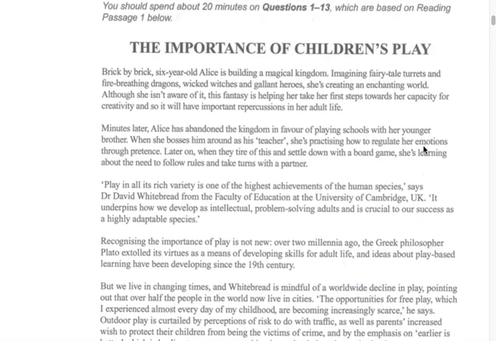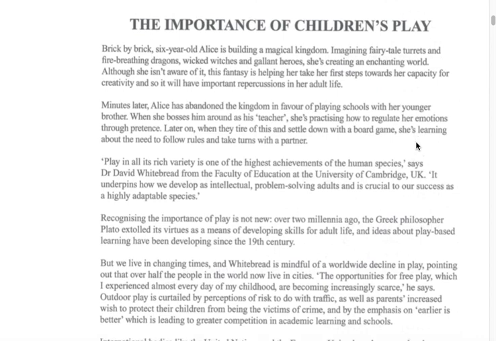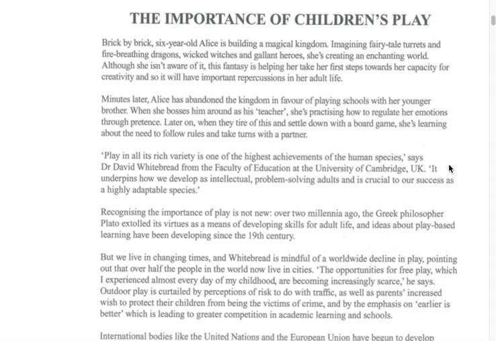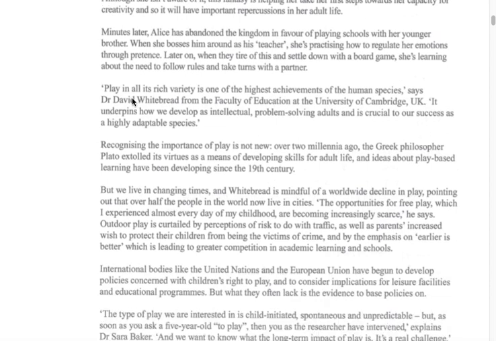Okay, right. Play in all its rich variety. You found the answer for question 2 somewhere here, so it would be somewhere after, could be here, could be after here, but not before that. Play in all its rich variety is one of the highest achievements of the human species, says Dr. Whitebread from the Faculty of Education at the University of Cambridge, UK.